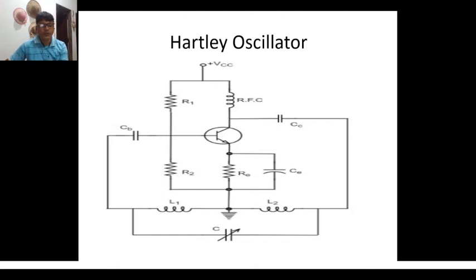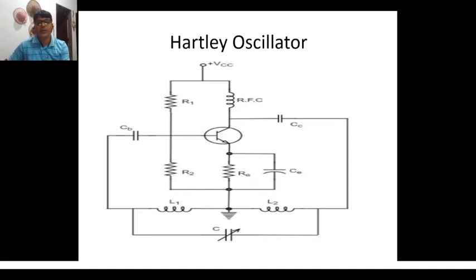The frequency determining network is made up of the variable capacitor C and the inductances L1 and L2. The coils L1 and L2 are coupled and the combination forms an auto transformer.